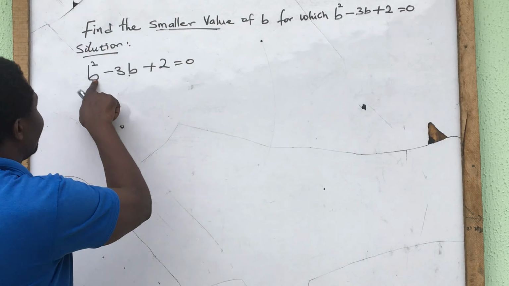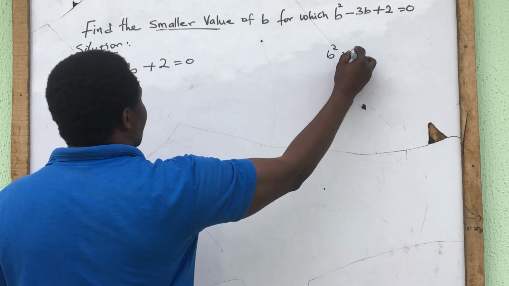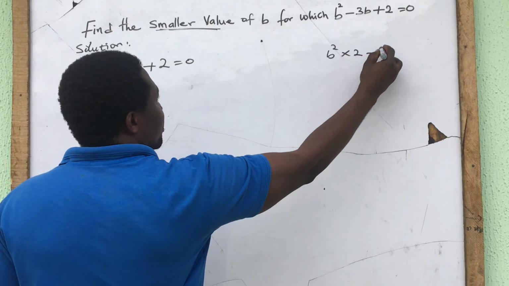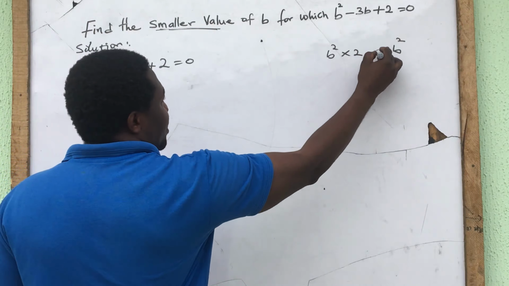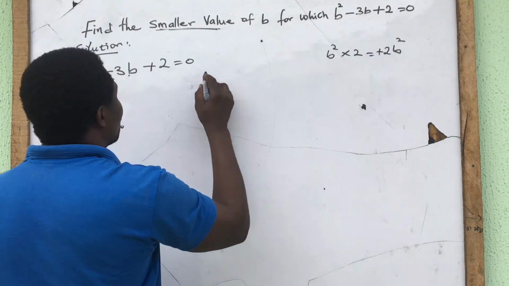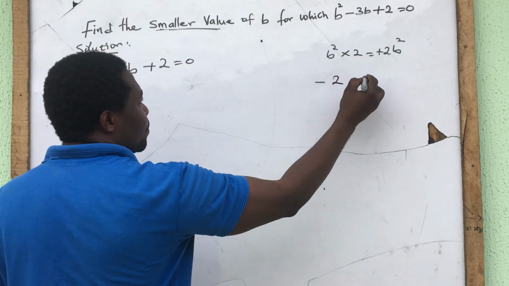When you multiply this and this together, we have b squared times 2 gives us 2b squared. As this one is plus here, the signs of the roots will be equal. So that is minus, minus. And this is 2 and 1.